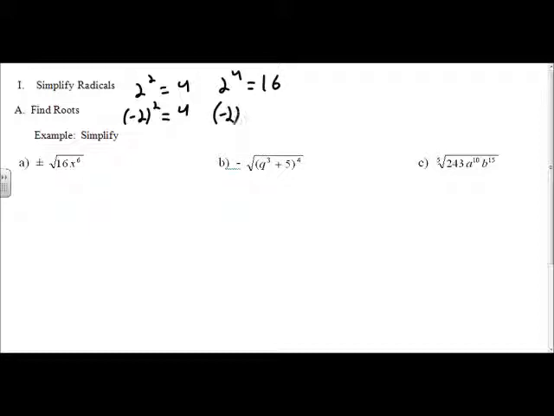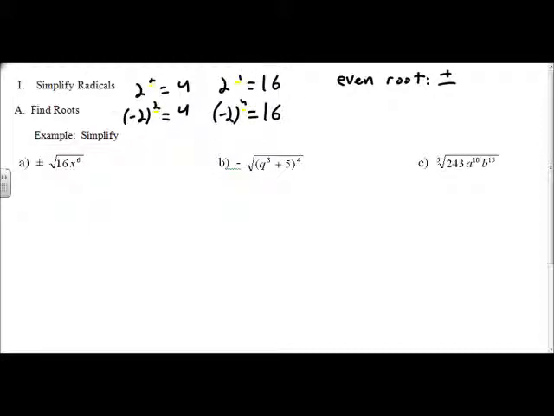But also negative 2 to the fourth power gives us 16. So the 2 and the 4, the roots that we're going up to, those are all even. So whenever you have an even root, it can be positive or negative.